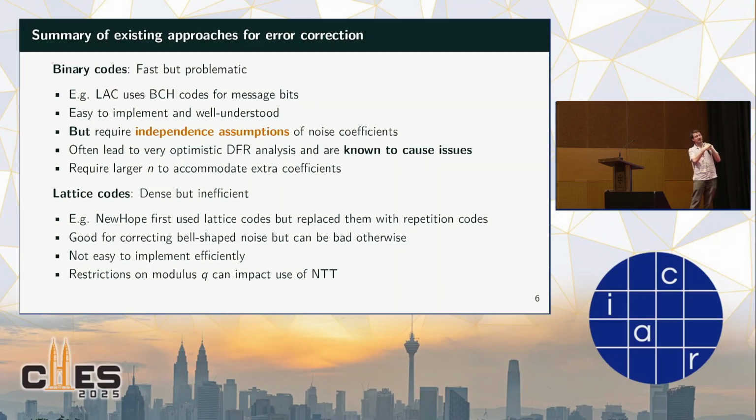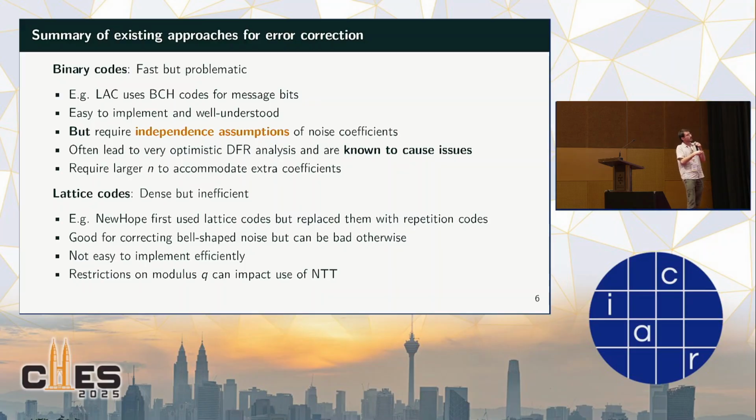And these often lead to very optimistic DFR analysis, which are known to cause issues. In later analysis it was shown that LAC underestimated the DFR by a lot, which ended up being a severe problem for the scheme. And another problem is that they require a larger n to accommodate extra coefficients. So you will need to change a core parameter if you want to support the binary encoding.